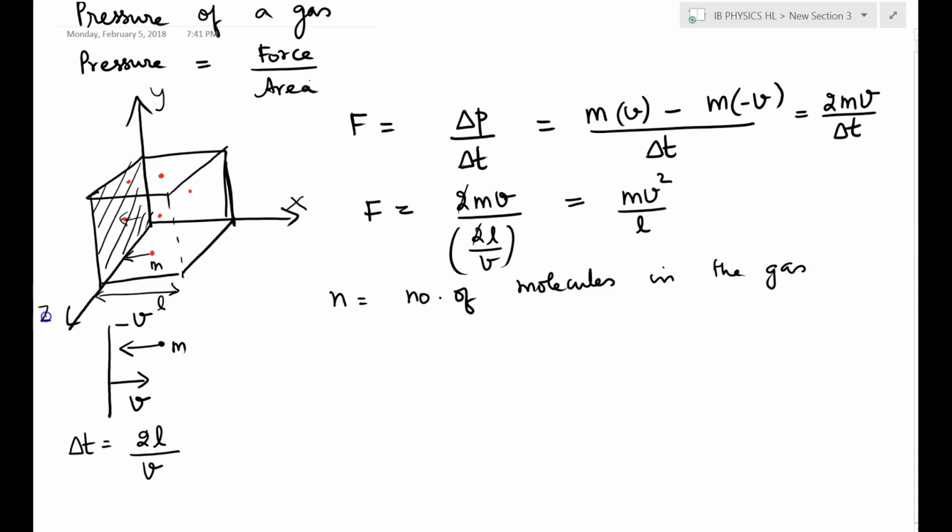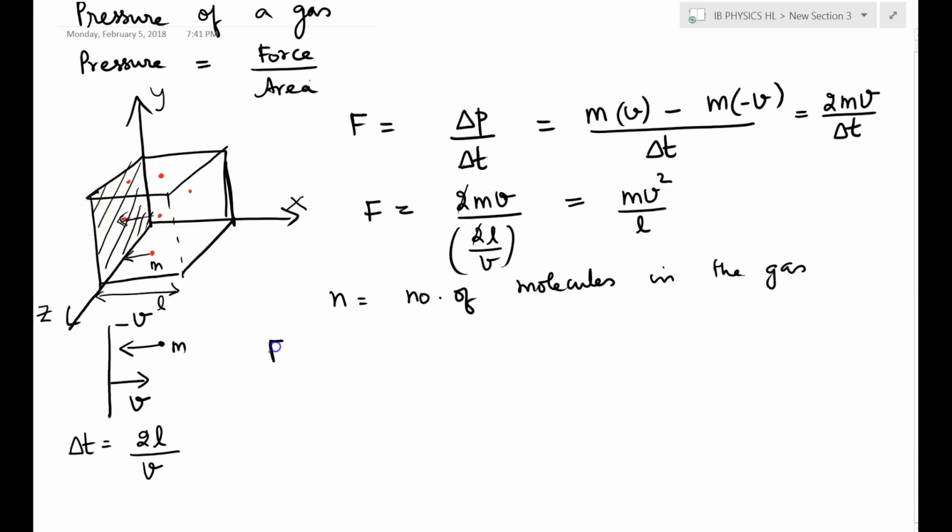X, Y, Z. So 1/3 of the total number of molecules can be moving along any direction at any given time, because there is really no preferred direction of motion. They are in random motion. So if there are n number of molecules, I can say about 1/3, that means n divided by 3 molecules are moving along this direction and therefore colliding with the wall.